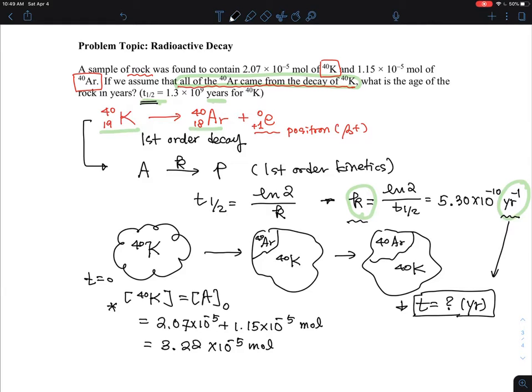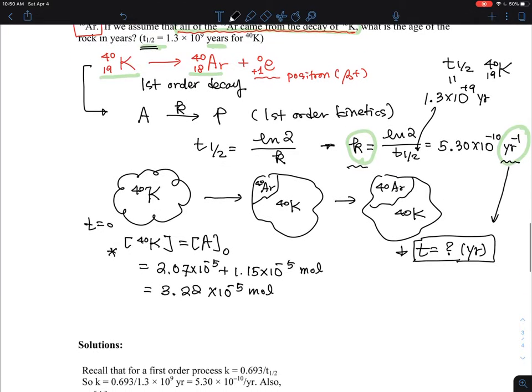I want to make sure that this value is 1.3 times 10 to the plus 9 years. That was the half-life given in the problem for the property of the potassium-40 isotope, which is 19.